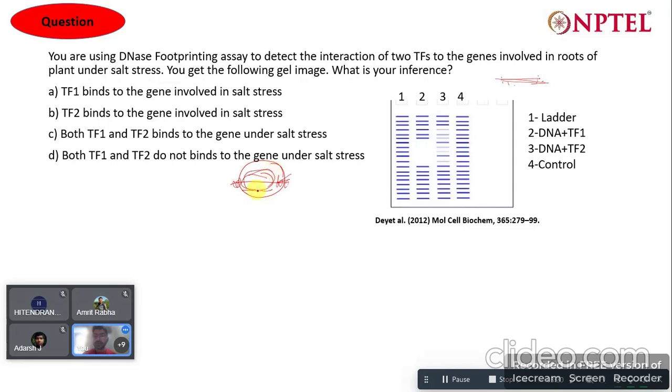Leaving that region, other regions are chopped off. This is how you get these bands in the gel. This is the ladder, and this is the control, that is only the DNA used in the experiment. Now in case of lane 2 and lane 3, lane 2 has TF1 and lane 3 has TF2.